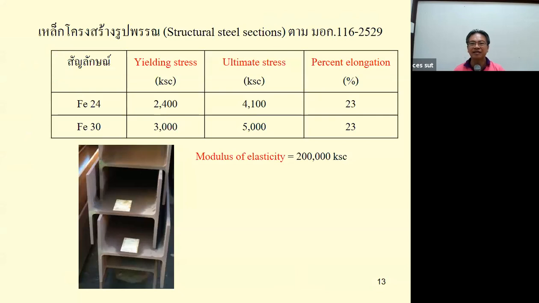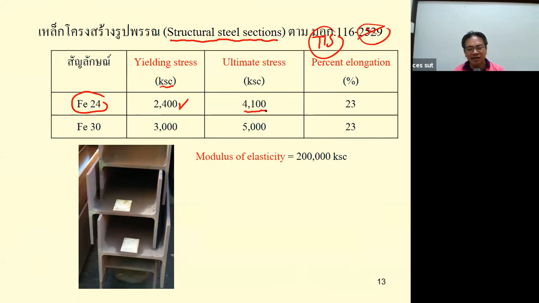And then this is the example. Sorry, some of this is in Thai, but most of it you can read in English. This is the structural steel section from TIS 116. Okay, and this is the new year version; this is the old one. And then you can see what the TIS specifies. For the FE24, the yielding is 2,400 kilograms per square centimeter.